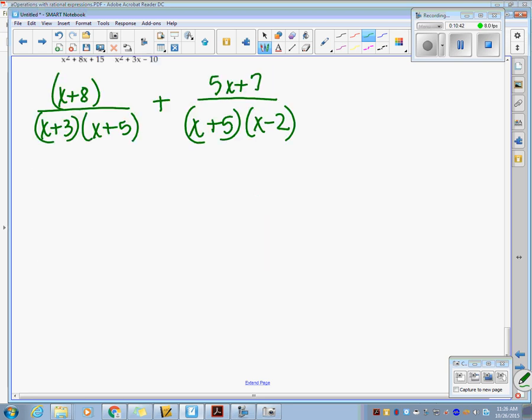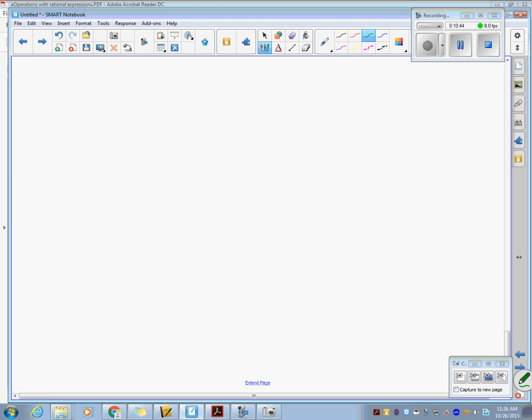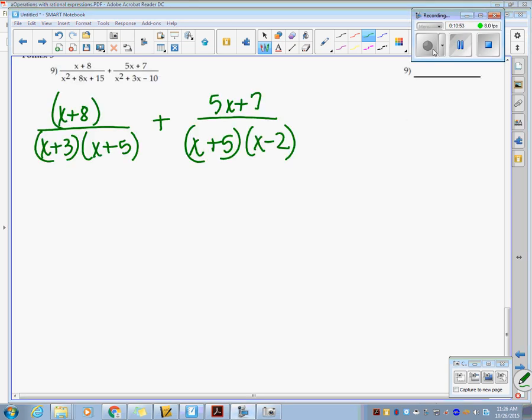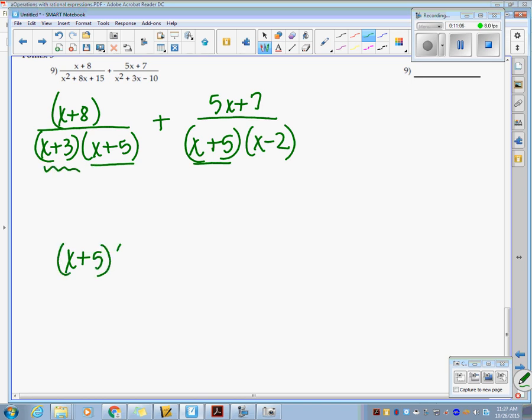So what is the least common denominator? As we take a look at that, the least common denominator, since these two share the multiple x plus 5, we only need to write that once. And then we need the other factors. So I need the x plus 3 and the x minus 2. And so the common denominator then is that.